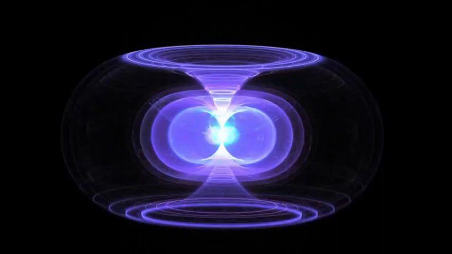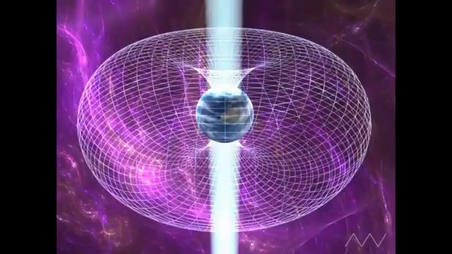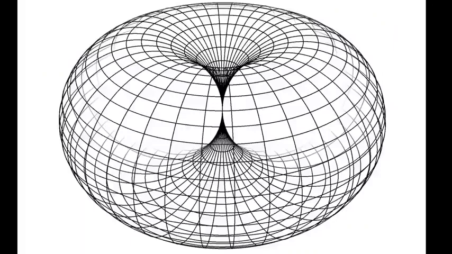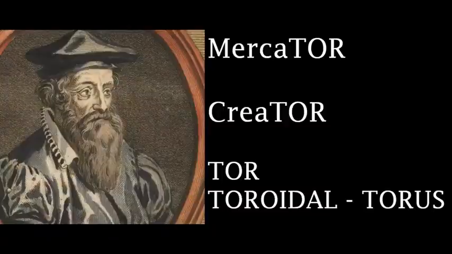Even in their heliocentric lie, they acknowledge that the Earth's magnetic field is toroidal, or shaped like a torus. The name Mercator produces the 7-letter anagram creator, or tor, toroidal, or torus.